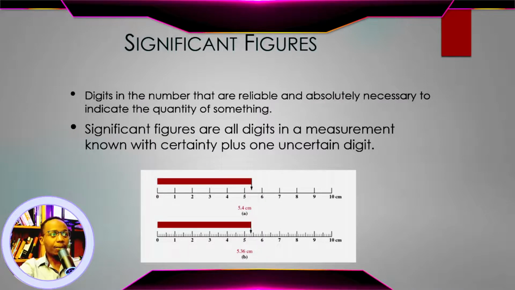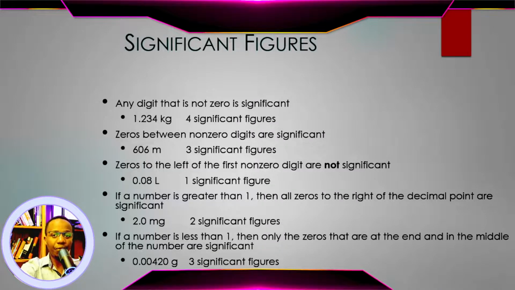If you're unsure, you can only record one uncertain digit. Significant figures are all the digits in a measurement with certainty plus one uncertain digit. But when it comes to chemistry, you need to know the significant figure rules.